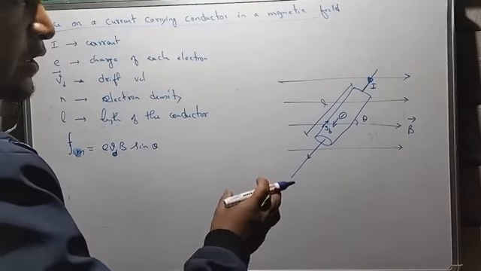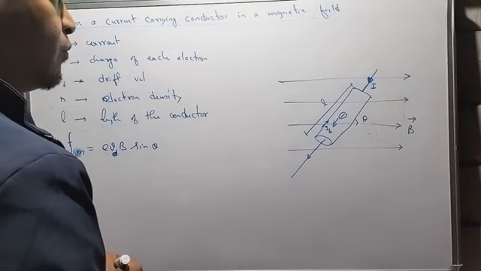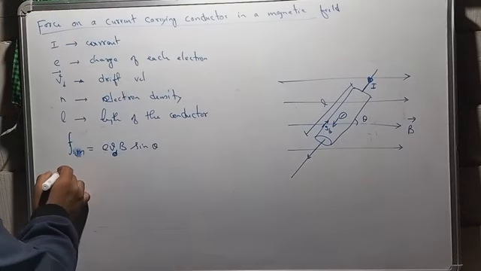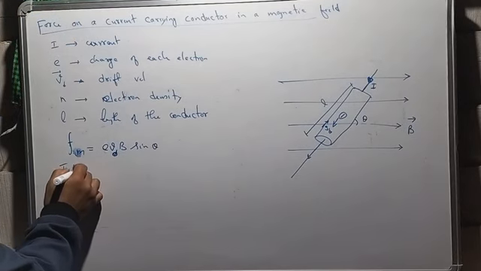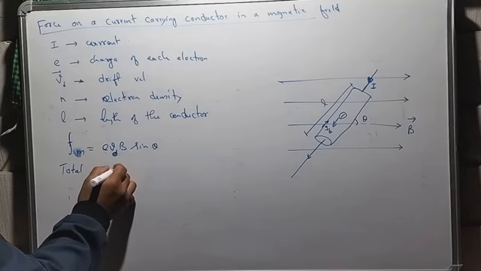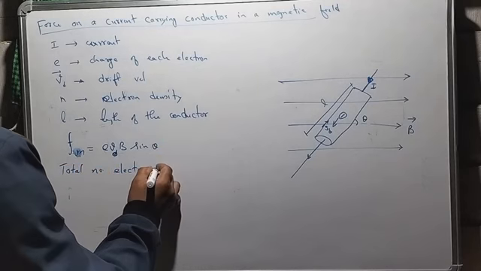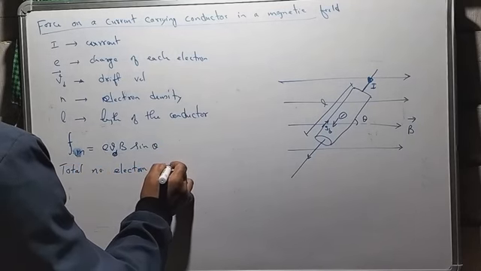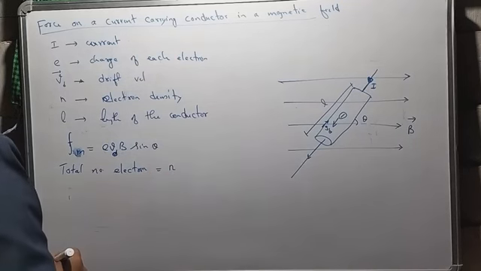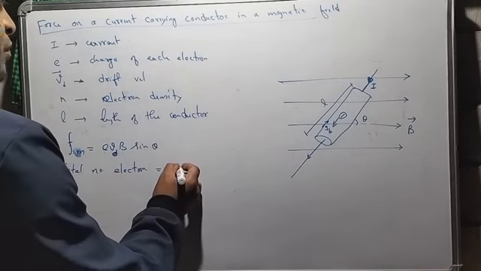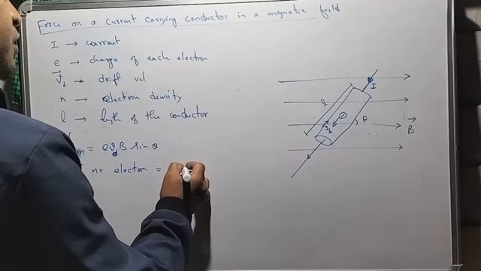So the total number of electrons in the conductor is the number of electrons per unit volume times the volume of the conductor.